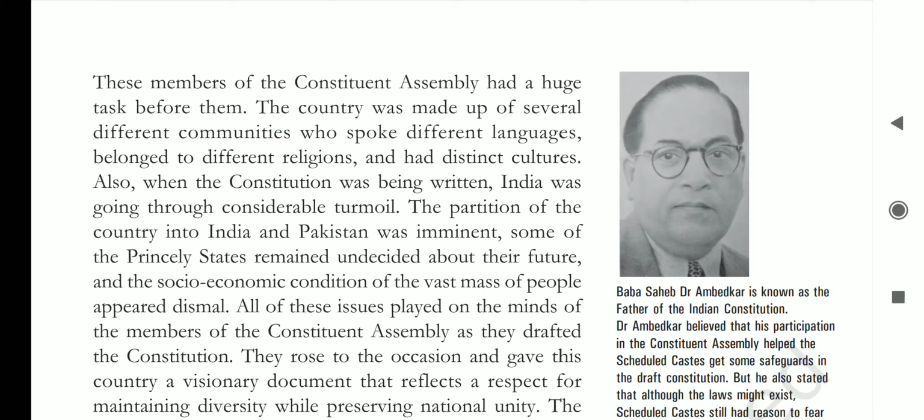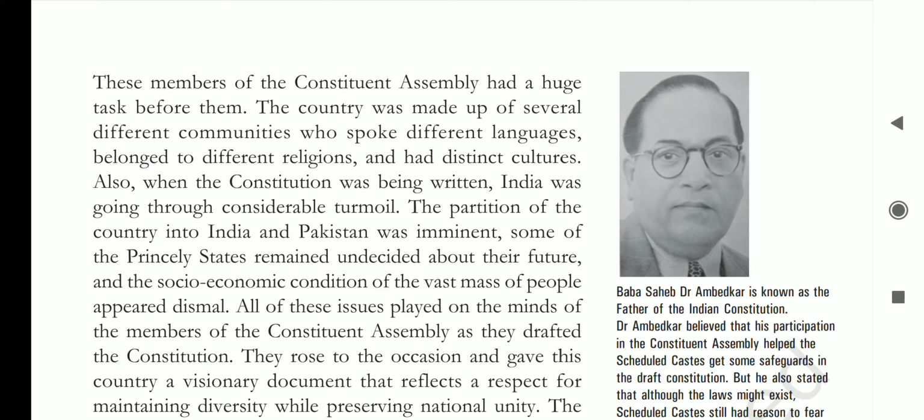There were many communities: Hindu, Muslim, Jain, Parsi, Sikh, and many others. They had to keep in mind their languages, cultures, and religions. They did not want to harm anyone's rituals or customs.